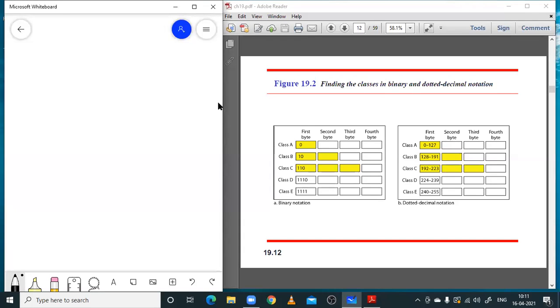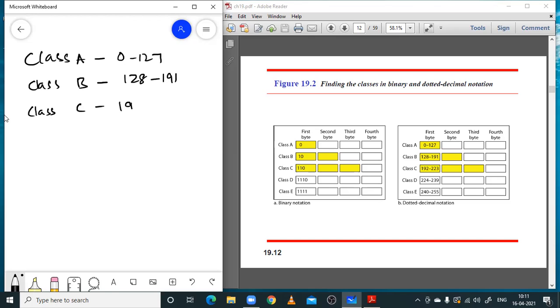Coming to the ranges of different classes, I already discussed this. For class A, it is 0 to 127. Now coming to class B, 128 to 191. Now coming to class C, 192 to 223.